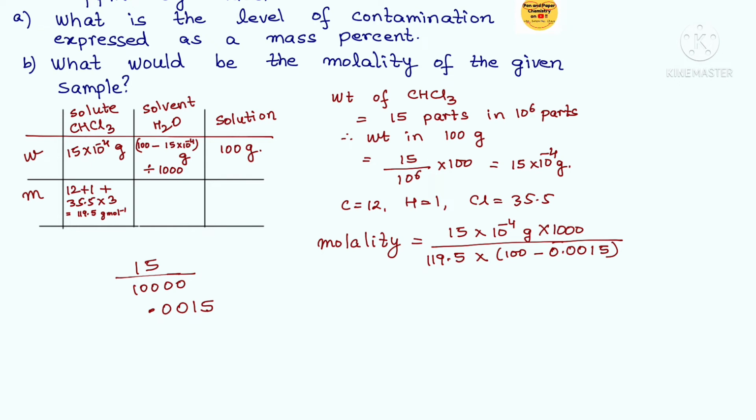Now you have to do the calculations. Either you can do it manually or with logarithms, anything. The closest answer that we get is 1.25 into 10 to the power minus 4 molal, right?